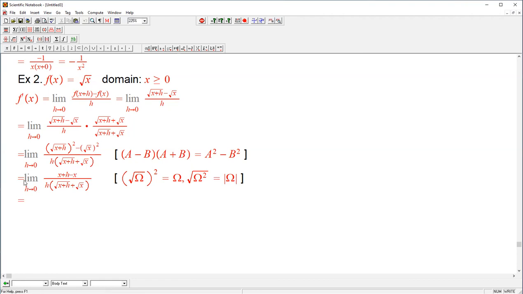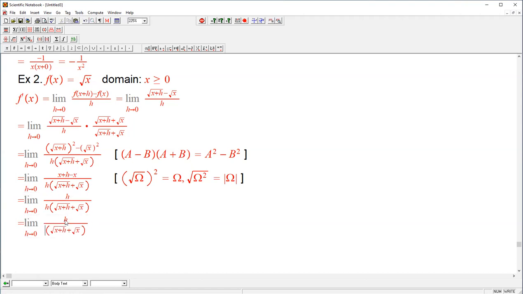By this time we got some reduction. x minus x makes 0. So we have h on top and we have h in the bottom, and h and h reduce. One more step.